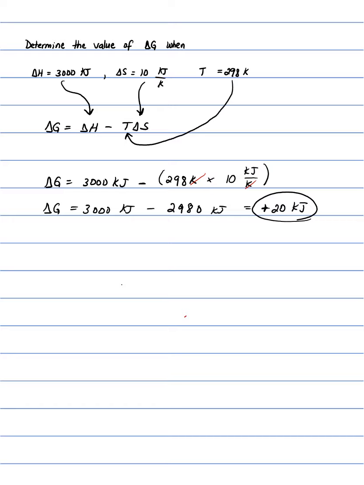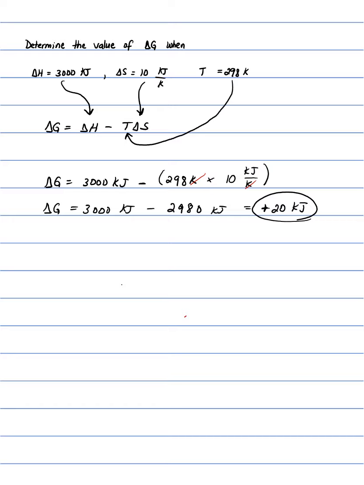You can get a negative value for delta G, like a spontaneous process, when you have a positive delta H and a positive delta S, if the temperature is high enough. But that given temperature was not high enough.